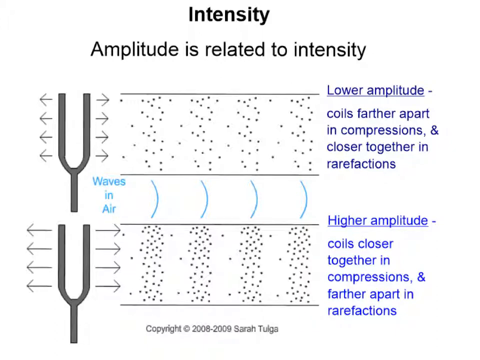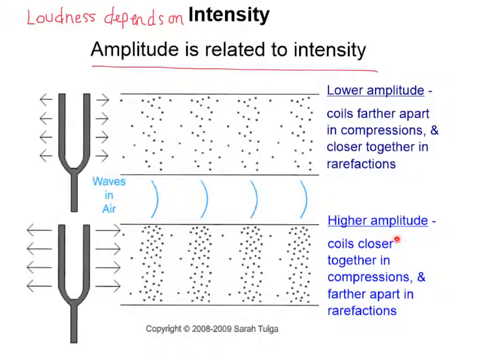So let's take a look first at intensity. What is intensity? Well, when we're talking about sound, loudness depends on intensity. And amplitude is related to intensity. Remember that sound waves are longitudinal, and the amplitude is related to how close the particles of the medium are together in the compressions.